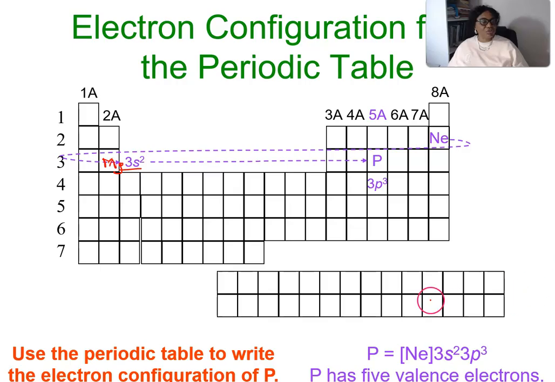This is the shorthand method, short form electronic configuration for phosphorus. But you know now how to use the periodic table to write electronic configuration, and even to come up with the short form method of writing electronic configuration for phosphorus.